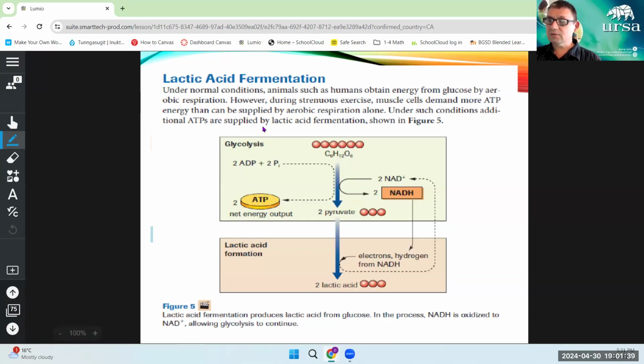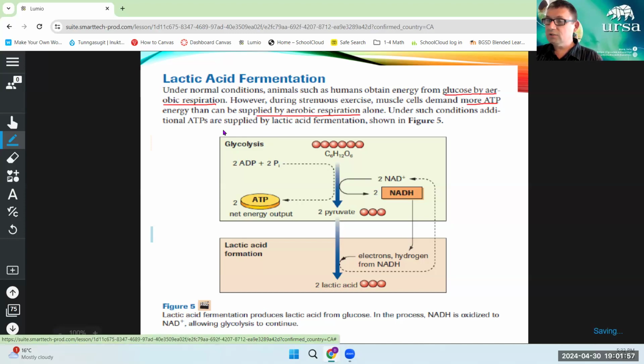So with lactic acid fermentation, normally, as I've already mentioned, we would normally get energy and glucose through aerobic means. But if we're exercising strenuously, our requirement outstrips our supply. We need more ATP than can be supplied by aerobic. Under such conditions, additional ATP gets provided by lactic acid fermentation, as you see here.